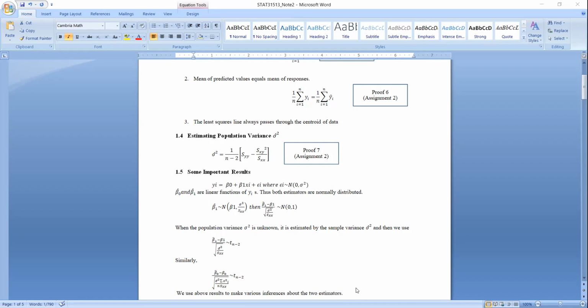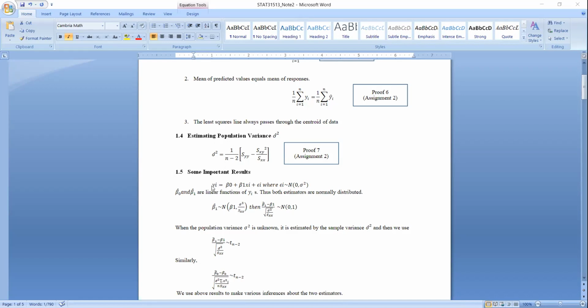Okay. And then what we are going to do is, after fitting the regression model, you can use the assumptions to check the accuracy. At the same time, we can conduct some hypothesis tests in order to evaluate our fitted model, right? For that, we use some important results.